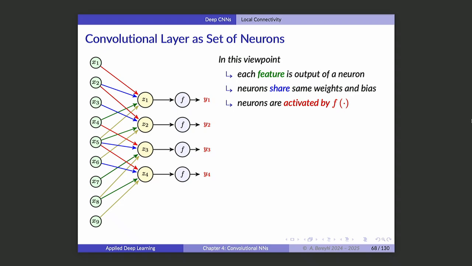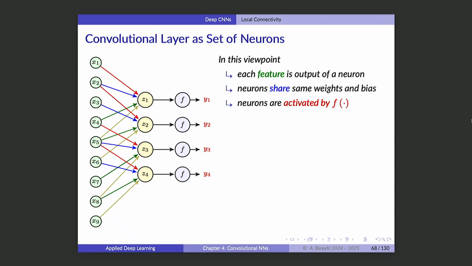This is the first thing. And the second thing is that they are sharing the same weights. If I change, for example, the weight connecting X1 to Z1, then I automatically change the weight connecting X2 to Z2, X4 to Z3, and X5 to Z4. If you change one of the weights, all of them change because they are the same weights.